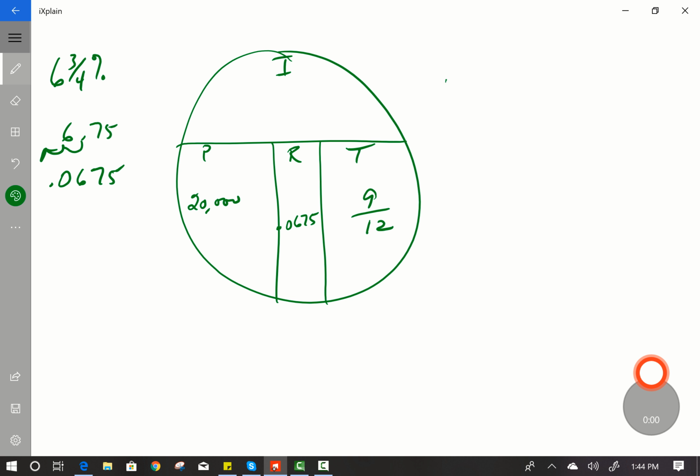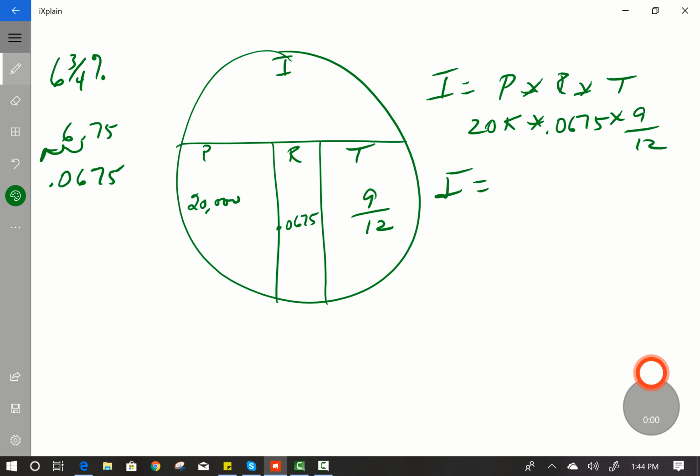And then the interest is equal to principal times the rate times the time. So it's 20,000 times 0.0675 times 9 divided by 12. That means interest is equal to $1,012.50.